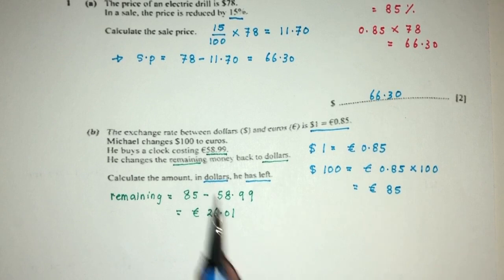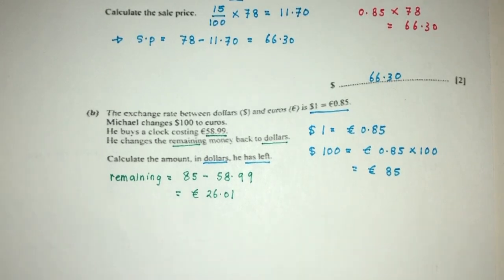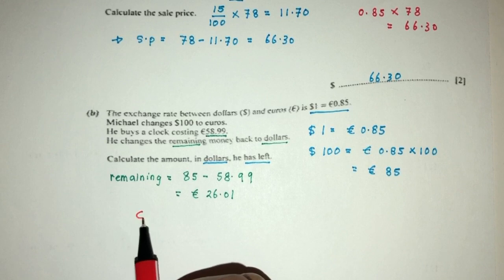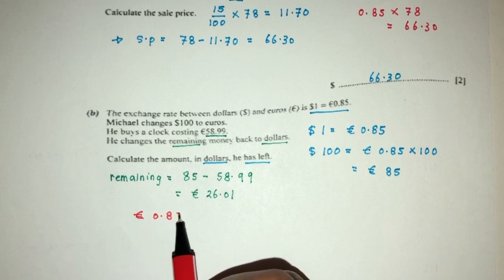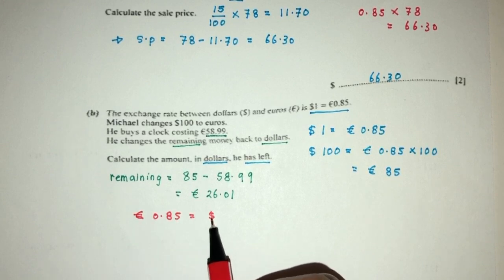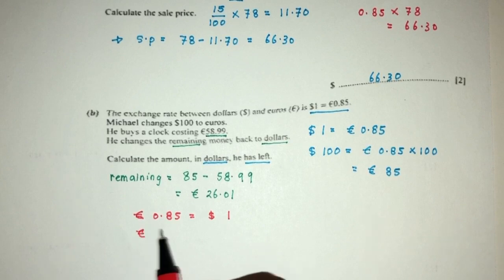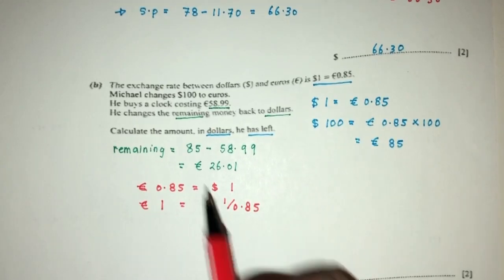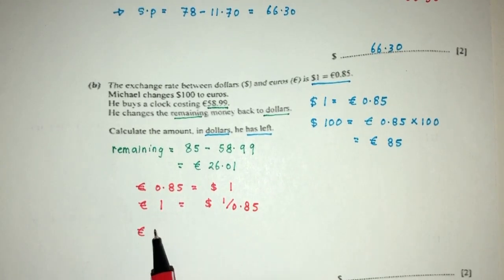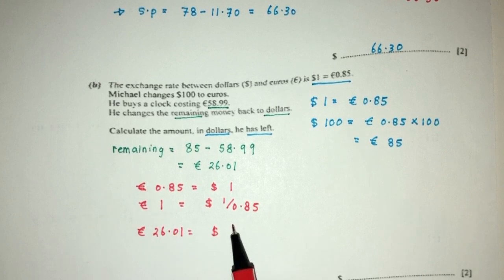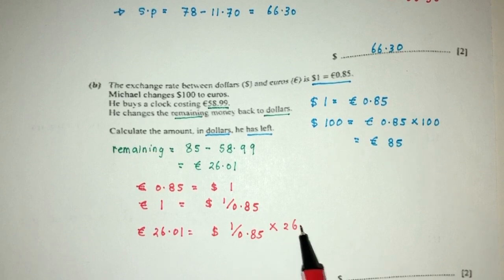Now we have to calculate the amount in dollars he has left. So we have to change euros back to dollars, using the conversion rate here. We know that 0.85 euros is equal to $1. So how much is 1 euro? That will be 1 divided by 0.85, right? We have to find how much 26.01 is, which is 1 over 0.85 times 26.01.